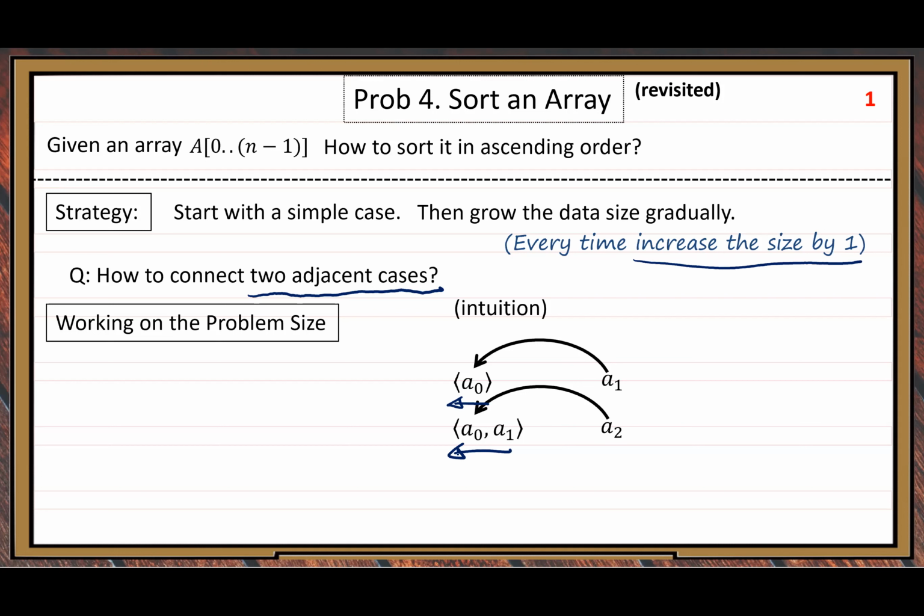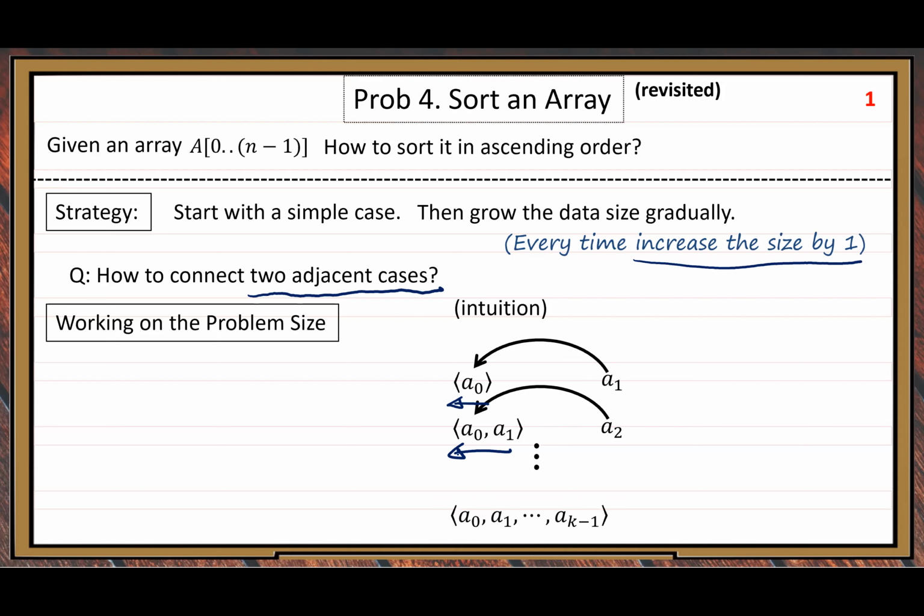A2 can appear in 3 different locations: before A0, between A0 and A1, and after A1. But after a certain number of comparisons, you can put A2 in the right place. If you do that work, you get A2 inserted into the right place of the current sorted array, and you have a new sorted array.